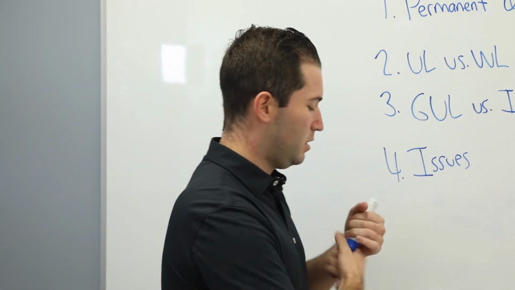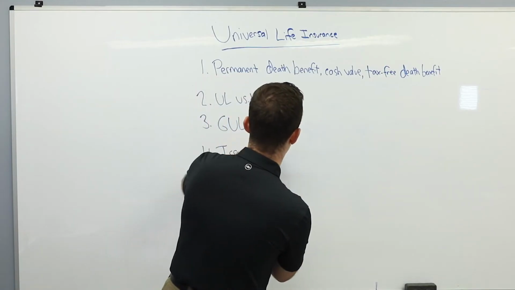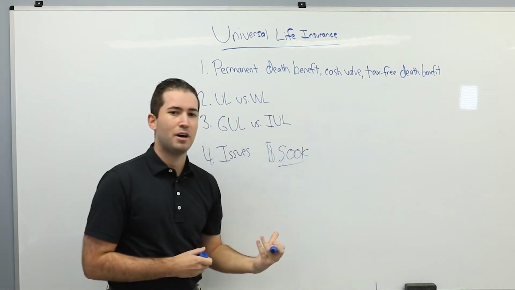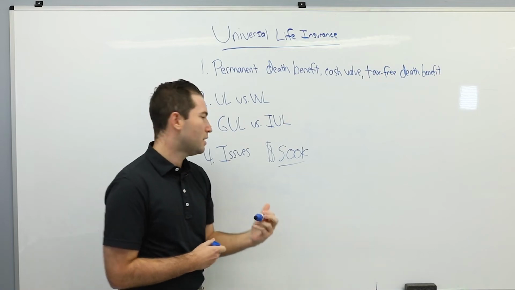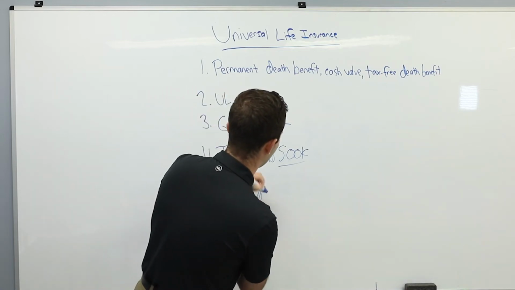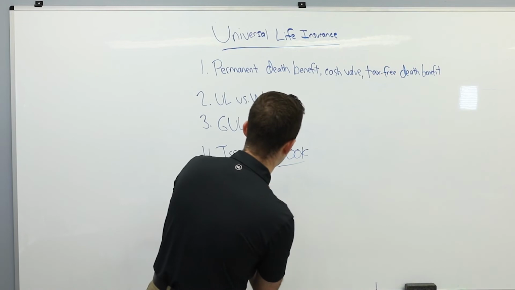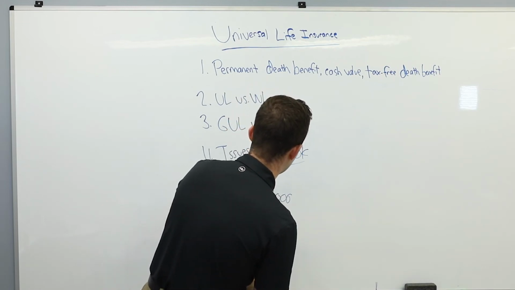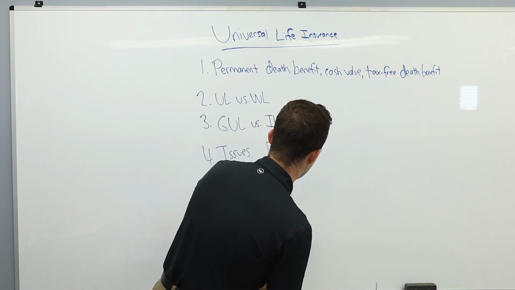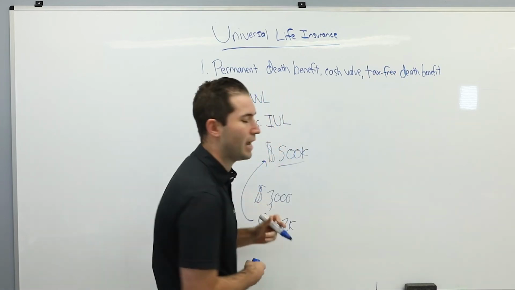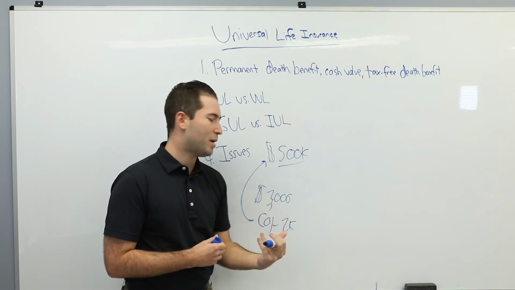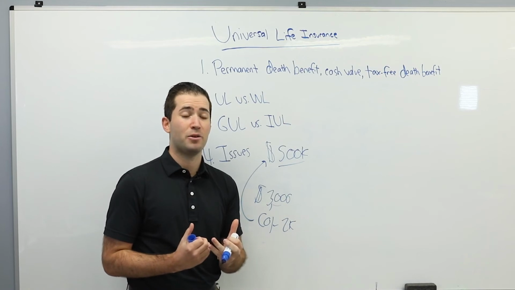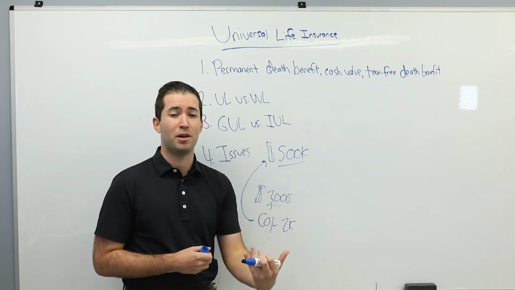So for example, if you had a $500,000 universal life insurance policy and you made your premium payment, let's just say in this example, $3,000 annually, and the cost of insurance was $2,000. So $2,000 goes to take care of that $500,000 death benefit, and the remaining $1,000 goes towards your cash value and then the fees and expenses to keep the policy going.